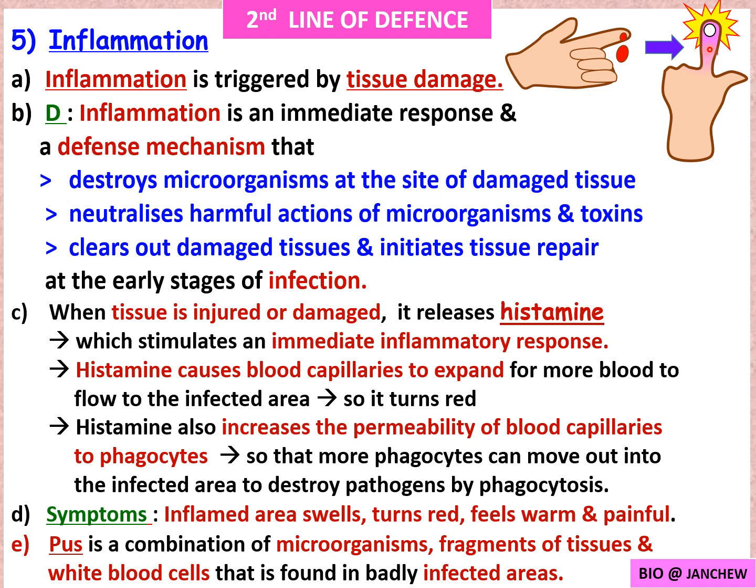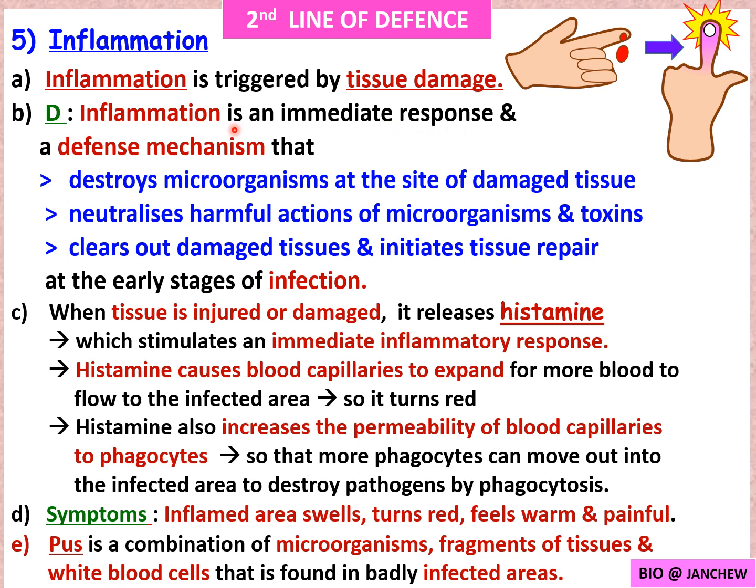Those are the signs of inflammation. So, inflammation is triggered by tissue damage, and it is a defense mechanism that functions to protect the person from infection and to prevent infection.